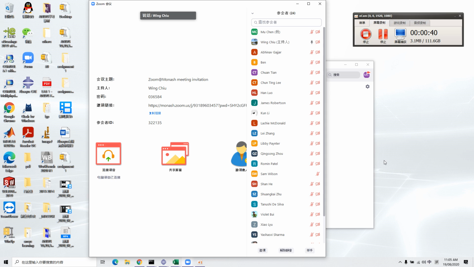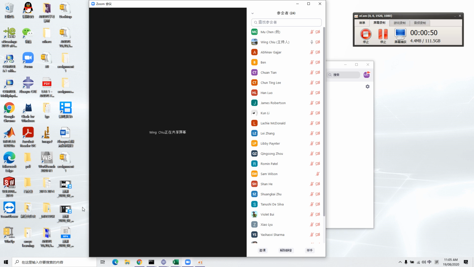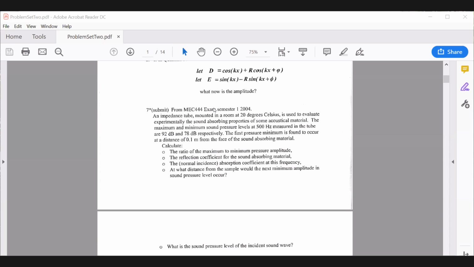Good afternoon. You're supposed to be attempting this problem here. Now, I note that there's a piece of information that was missing: the diameter of the pipe or the tube.